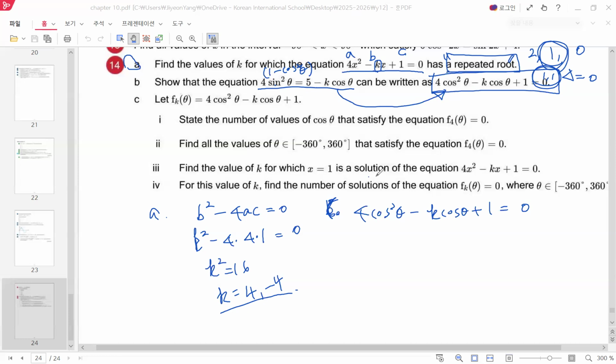And then they define a function. They define a function f sub k of theta as 4 cosine squared theta minus k cosine theta plus 1.